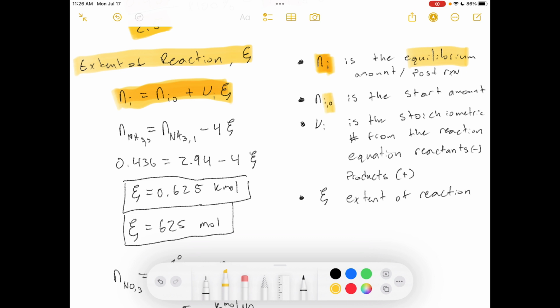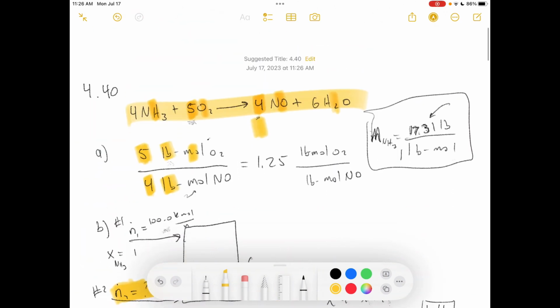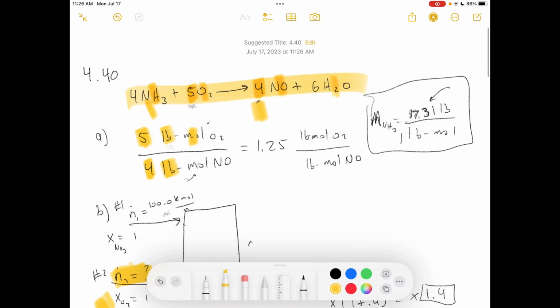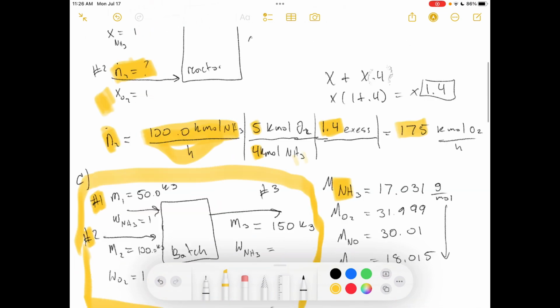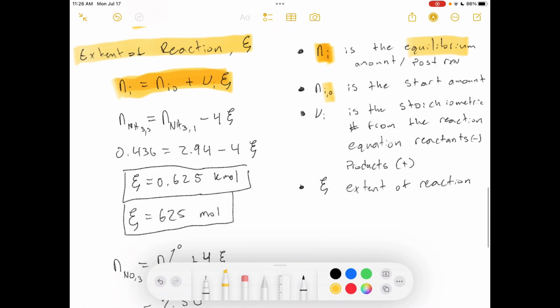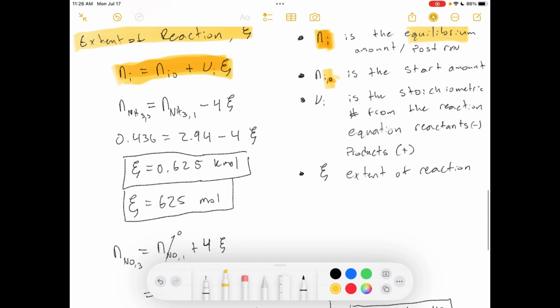Ni0 is how much you fed into the reaction, how much you started with. And that could be either a reactant or a product. Maybe you start with a little bit of product in your stream because you have a recycle stream or something like that. You can start with a certain amount of either one. It's how much you started with before the reaction occurs. That's what the little 0 stands for.